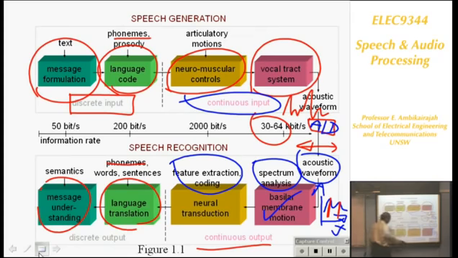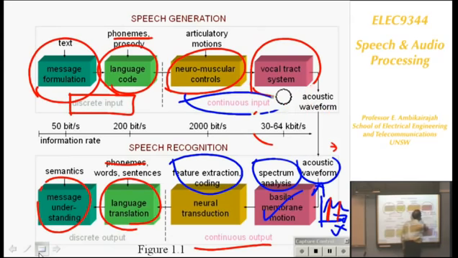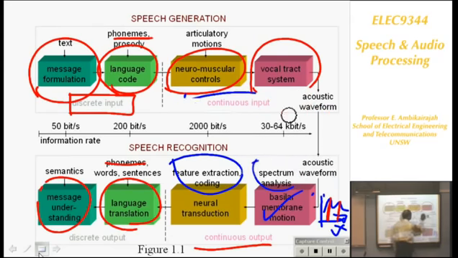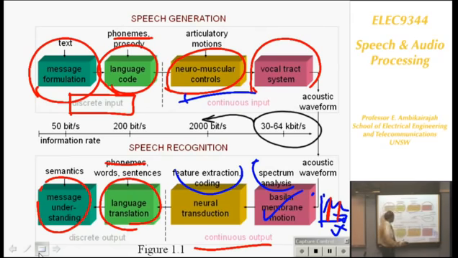You can see, if you now concentrate very carefully, let's have a look at the bit rate, what sort of bit rate we have. You started with 64 kilobits per second, and you came to 2 kilobits per second. So you have removed a lot of redundancy.